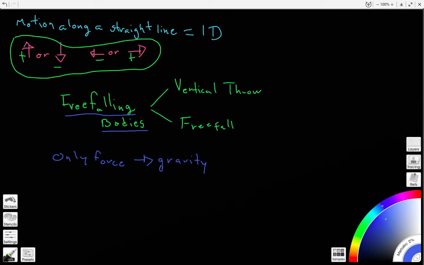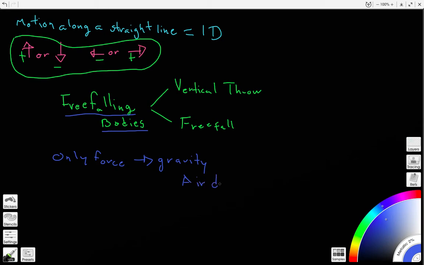This is an idealization. When you throw something upwards and it starts falling on its own, then the only force that is actually accelerating it is gravity. We know that there are other forces that prevent that object from falling freely, right? But we are not going to be taking those forces into consideration. One of those forces, for example, would be air drag.